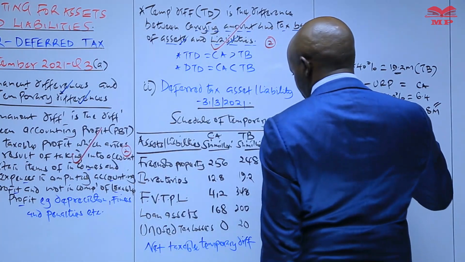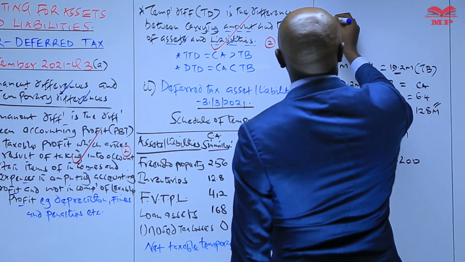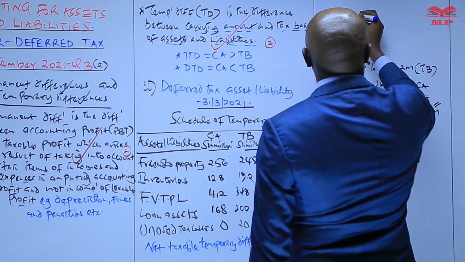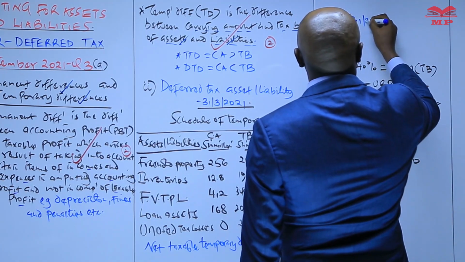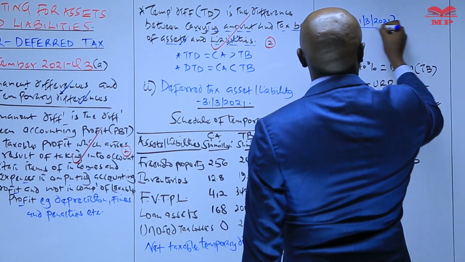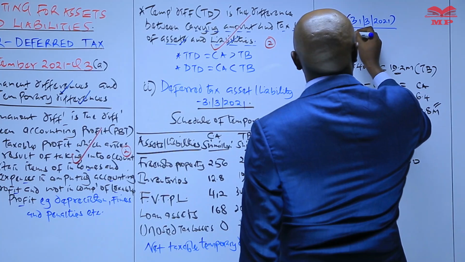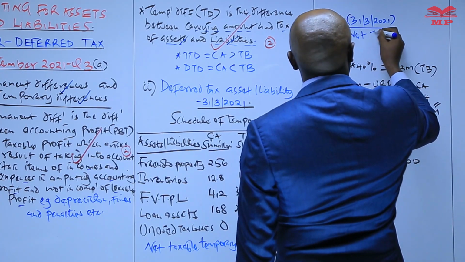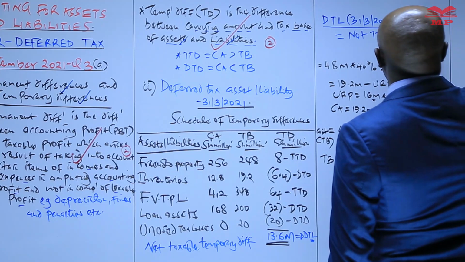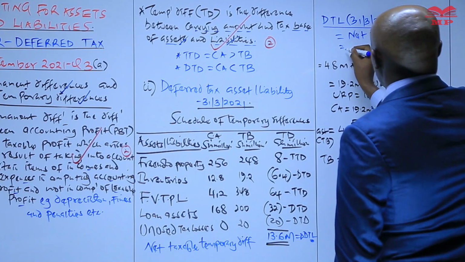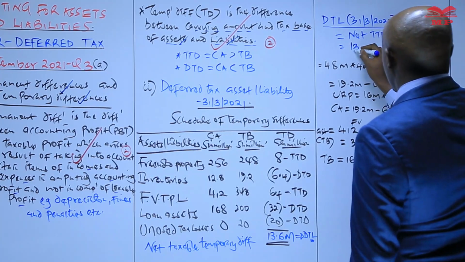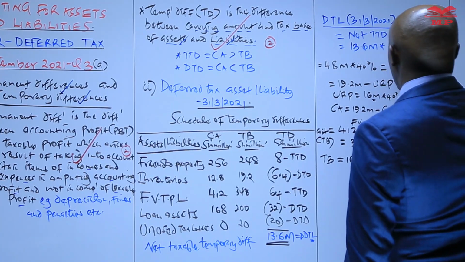So the deferred tax liability at the end of the year, that is on 31st of March 2021, will be equal to the net taxable temporary difference times the tax rate. So our net taxable temporary difference is 13.6 million times the tax rate.